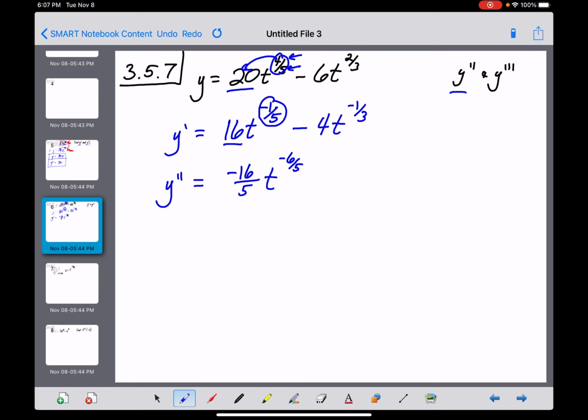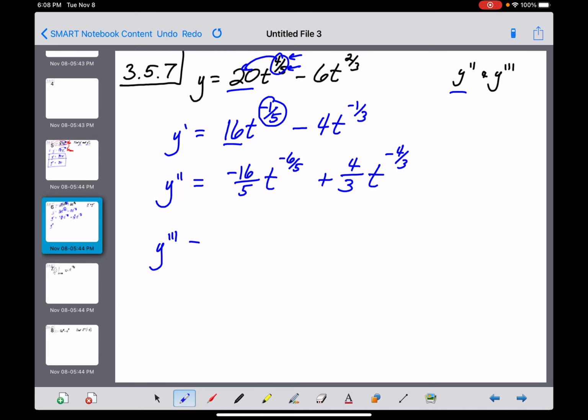Now for the next term's derivative, we're going to multiply this negative 4 times a negative 1/3. Negative times negative is going to be a plus, and 4 times 1/3 is just 4/3. t, and we drop our power by 1. Negative 1/3 minus 1, or minus 3/3, is negative 4/3. Ugh. And there's your rather ugly second derivative.